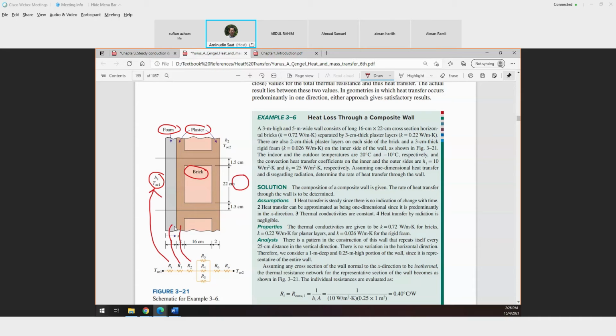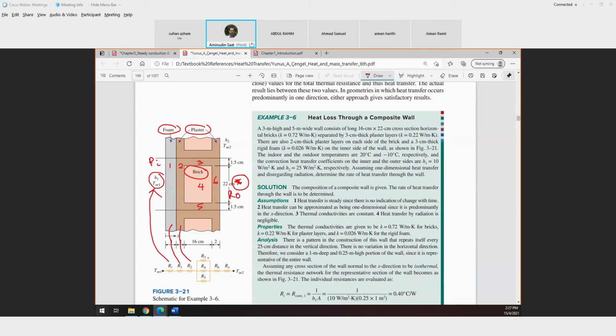For that particular section, R3, R4 and R5 are basically, if I can label here, this is the i, this is 1, this is 2, this is 3, this is 4, this is 5, this is 6, and sorry, there is no 7, there is o here, R0.